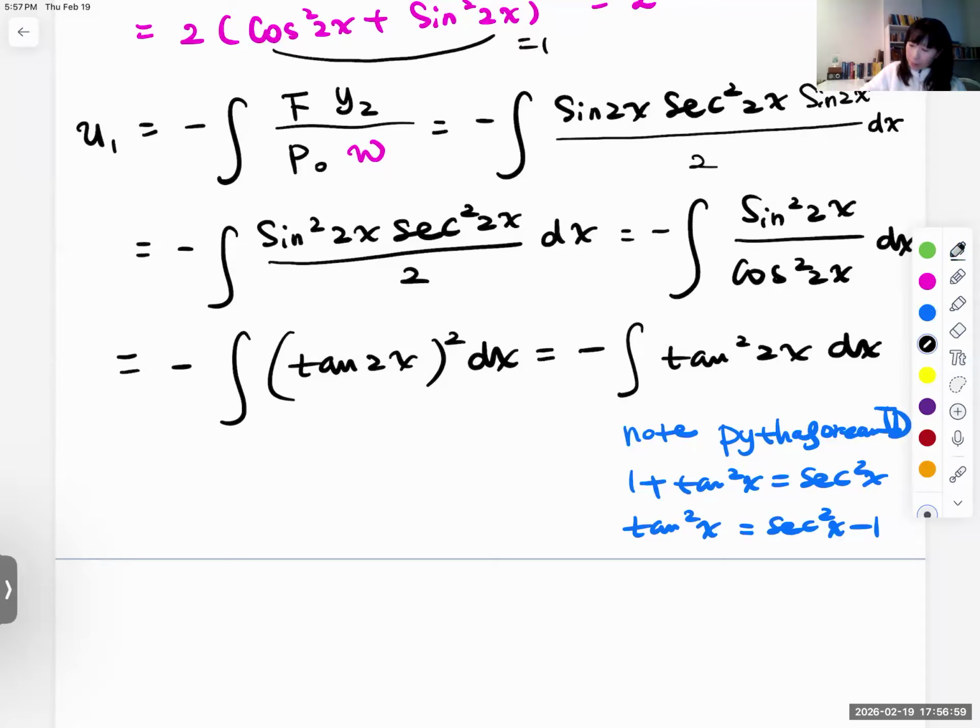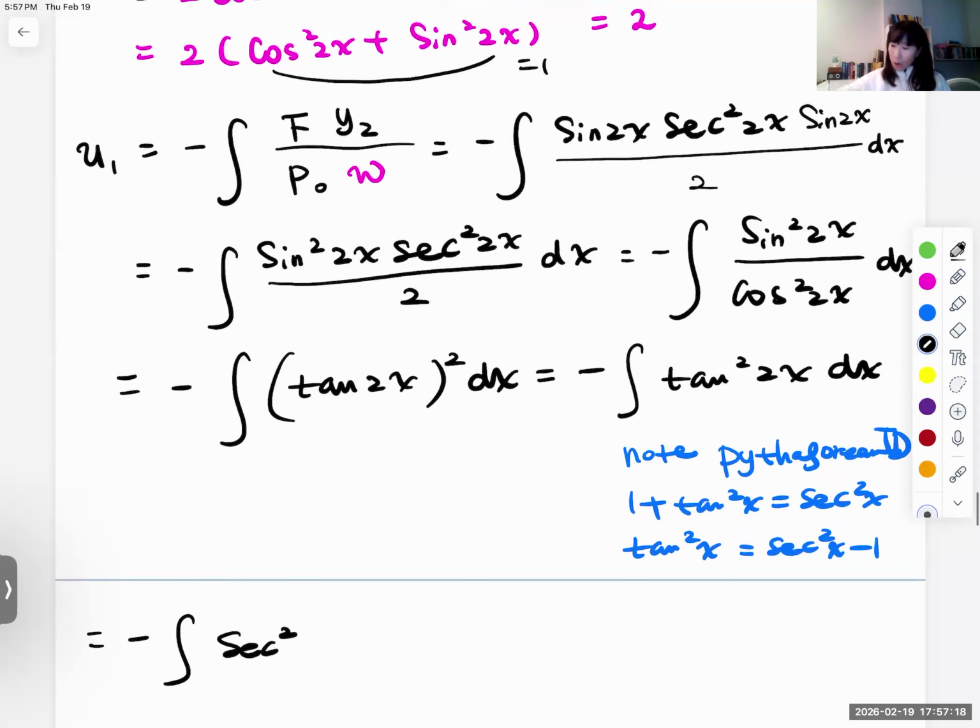So there will be minus, we will get secant square, hold on 1 second. Do I make a mistake? Yes. What happened to 1/2? Sorry, 1/2 is missing.